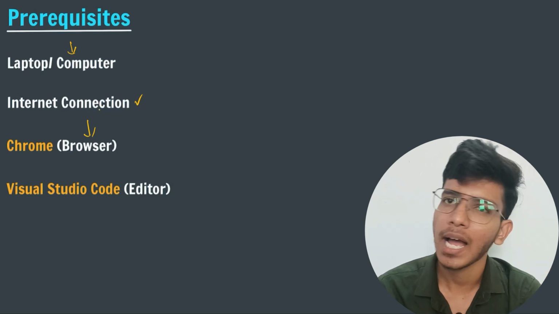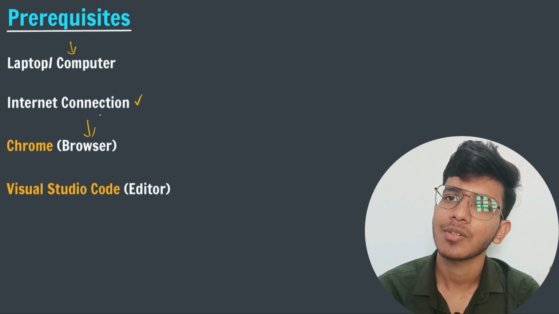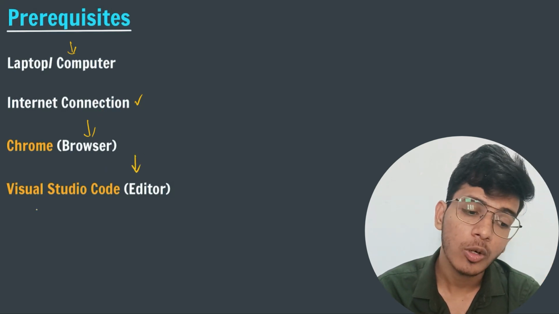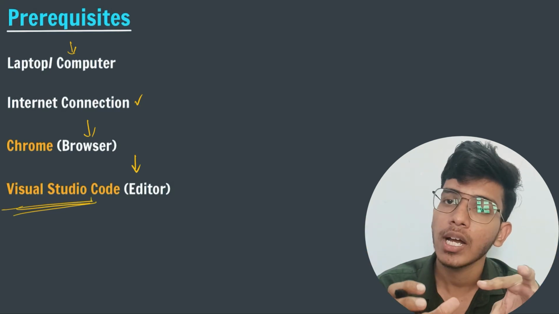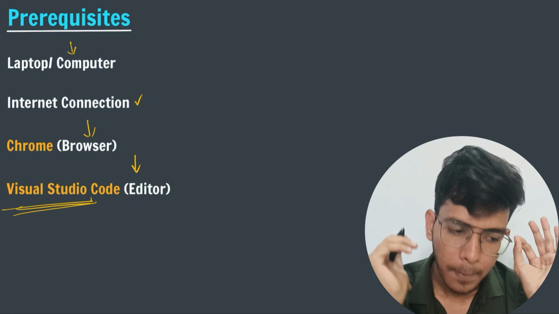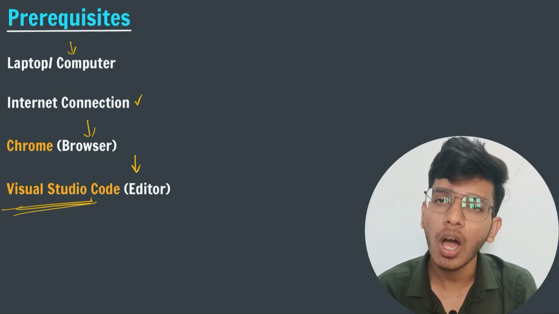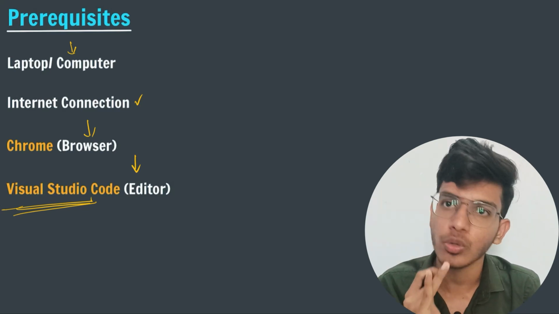We have different browsers: Chrome, Microsoft Edge, Brave, Safari, all these kind of things. So you should have a browser on your computer and Visual Studio Code. This is the main thing. All the things which we are gonna do, we are gonna perform in our VS Code, and it is really important to install VS Code on your computer before we begin our actual lectures.